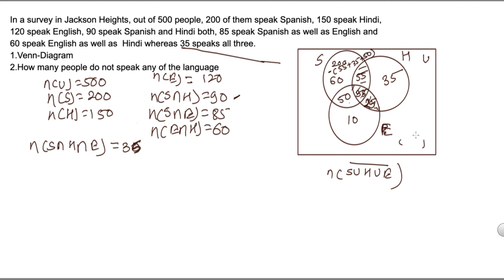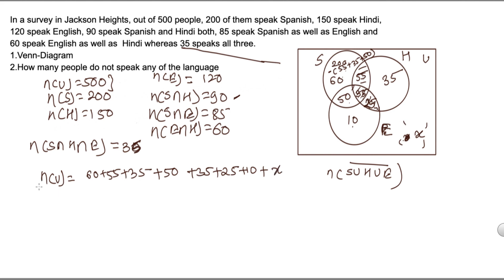So how to find this number? Since we have the total number of people, 500, if we add all these sections together, including this one, we get the number of U. So number of U must be the sum of the individual places: 60 plus 55 plus 35 plus 50 plus 35 plus 25 plus 10 plus, let us say this is x, plus x.